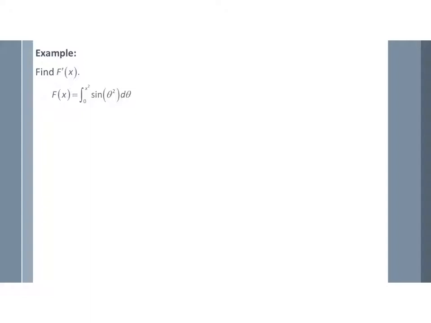Now in this situation, let's take a quick look at what we're facing. The goal set before us is to find f prime of x, but what we're going to find is that whenever we differentiate with respect to x, we are facing a little bit of a different scenario.